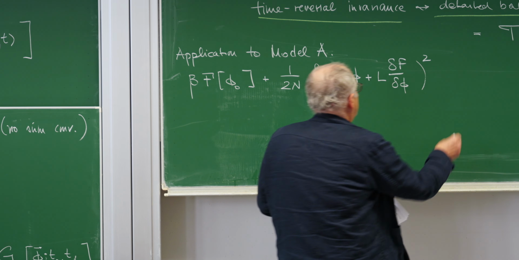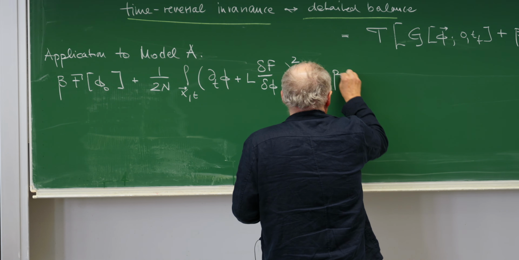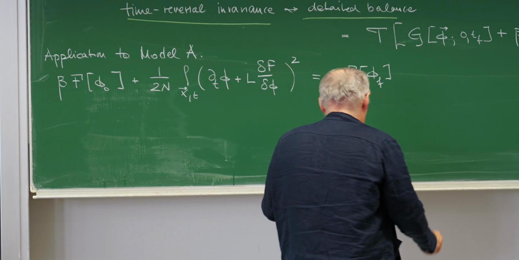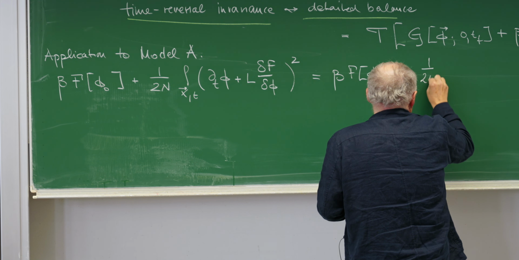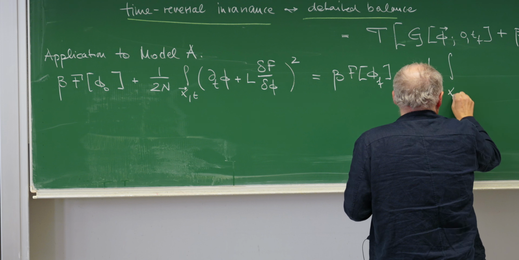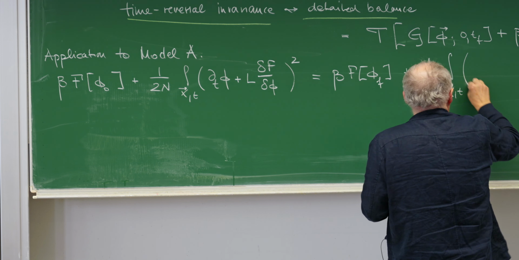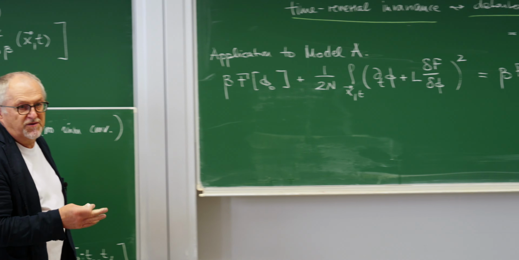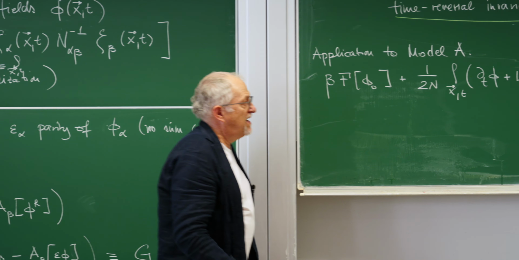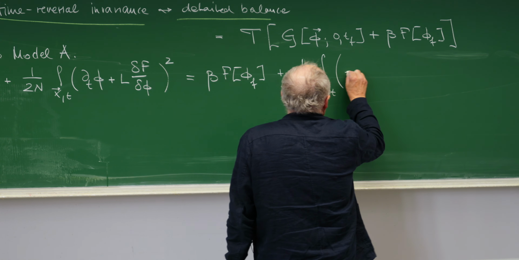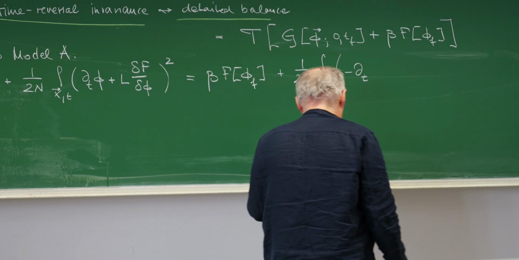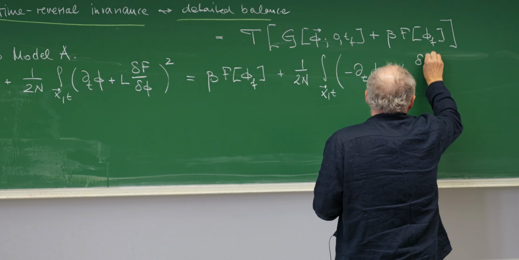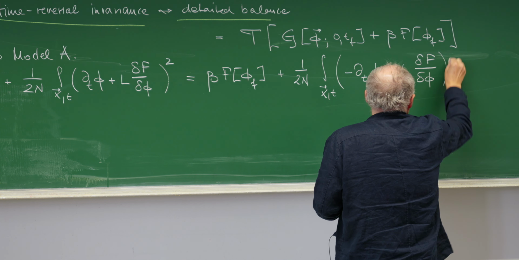And now this is the same as beta f for the final field configuration plus the same expression 1 over 2n, the same integral over space and time. Now, the fields in model A have even parity, so they change to the same variable. There's no sign. But for the first term, changing time to minus time, this is minus dt phi plus L df d phi squared.